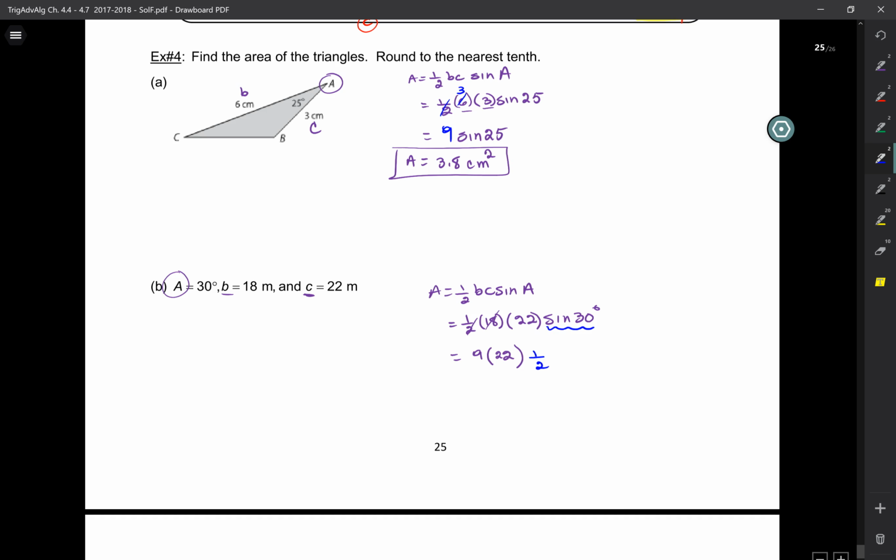It's 1/2, right? So, what's 22 times a half? It's 11. So this is 9 times 11, 99. What are the units? Meters squared. Again, you could have plugged it into the calculator here, but I'm just showing you that you can do this mentally. All right, we're going to stop right here.